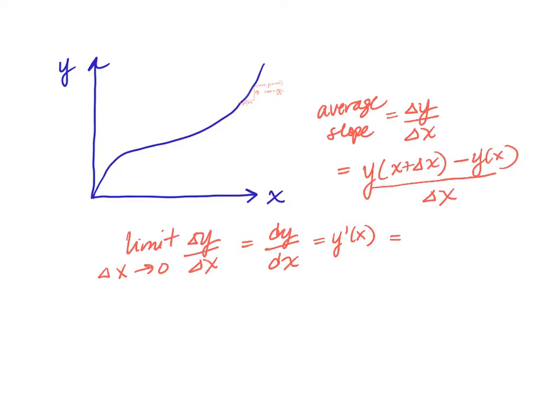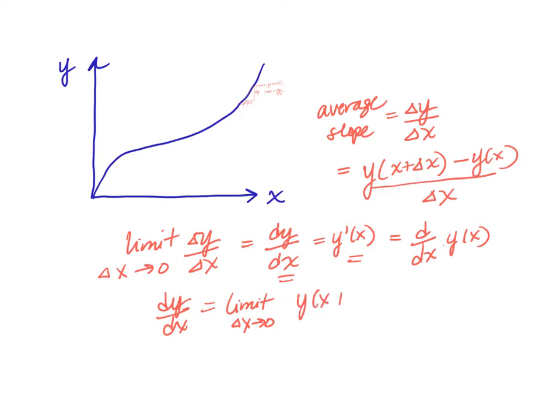It's also sometimes written as d by dx of y of x. Those are all ways to write the derivative. We'll kind of use both of these in physics. So dy dx is the limit as delta x approaches zero of y at x plus delta x minus y at x over delta x.